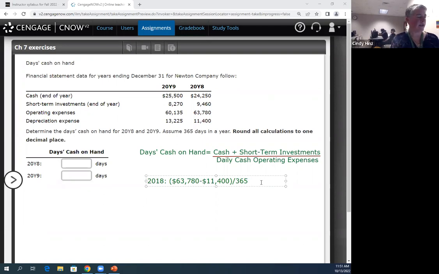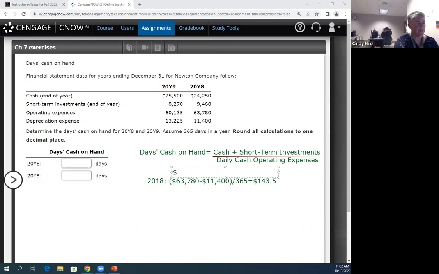And then we just need to divide by 365, rounding all calculations to one decimal place. So 143.5 per day on average.